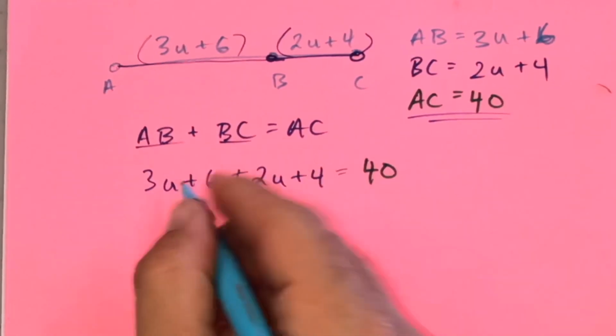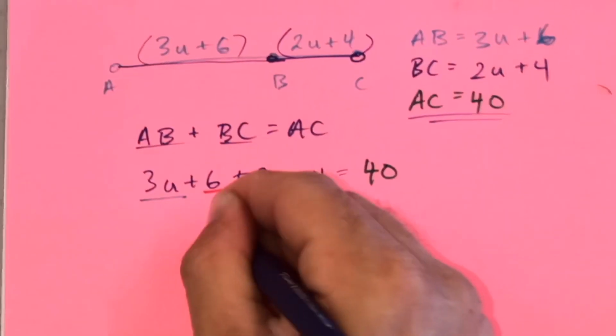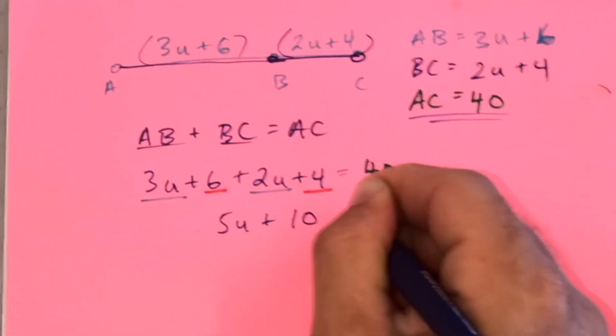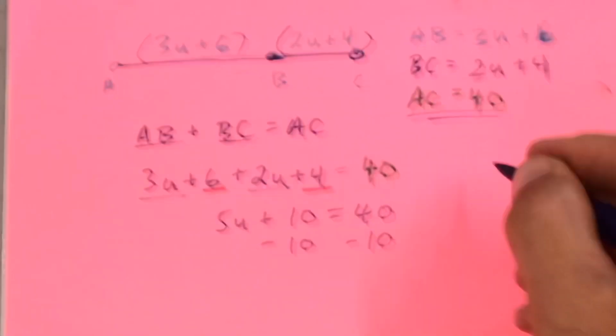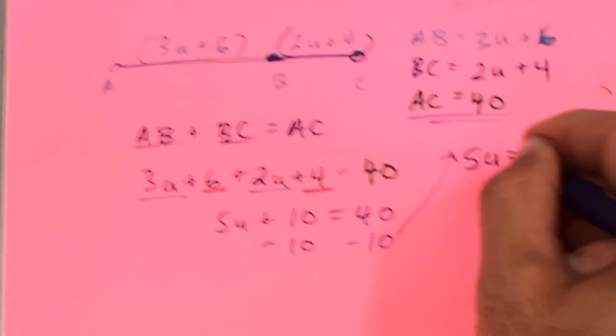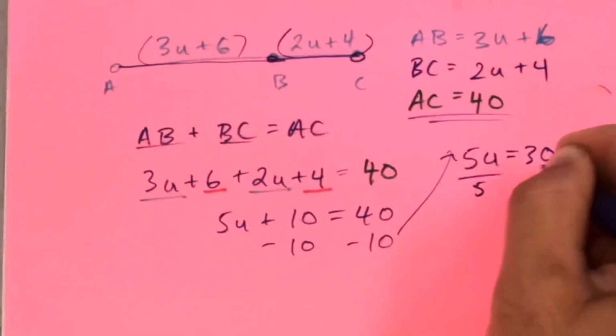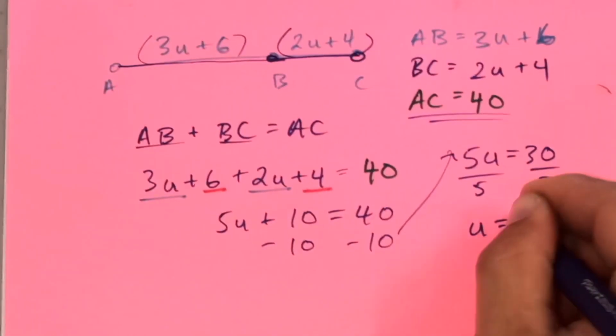So I could combine like terms and call this 5u plus 10 equal to 40. Subtract 10. 5u is equal to 30, which means this is multiplying, so I divide. U is equal to 6.